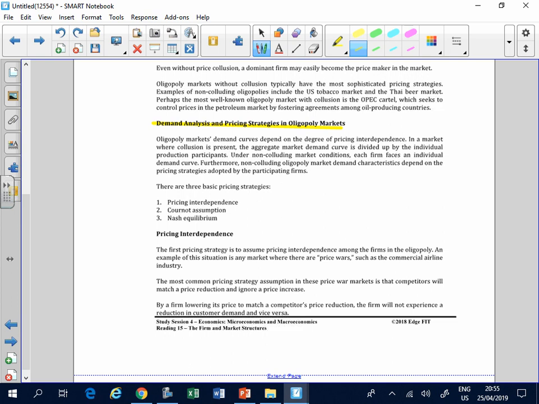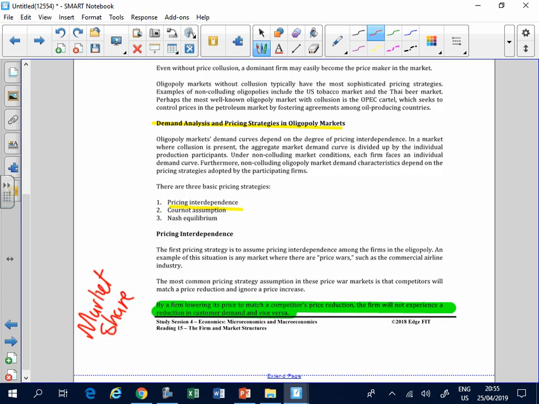These are the 3 ways in which we compete. Firstly, ladies and gents, pricing interdependence just says the following. A firm cares about market share. Market share matters. You will compete to the bitter end to maintain your market share. So what are you going to do if your competitor drops their price? You're going to drop your price.